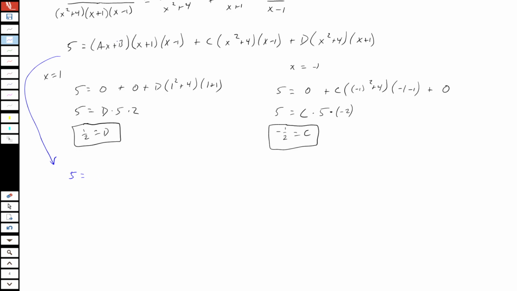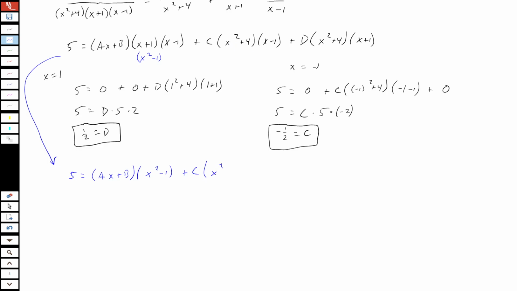So foiling out this first one, I'll have ax plus b times, if I write this as x squared minus 1, right? I'll do it in 2 steps. For the c term, I think I can just start foiling it out, right?